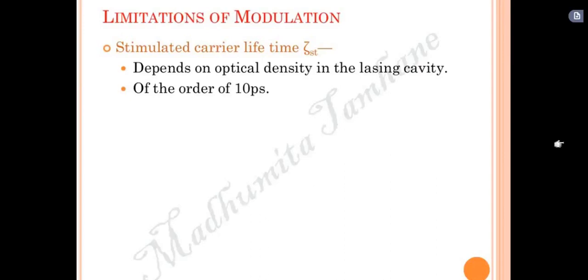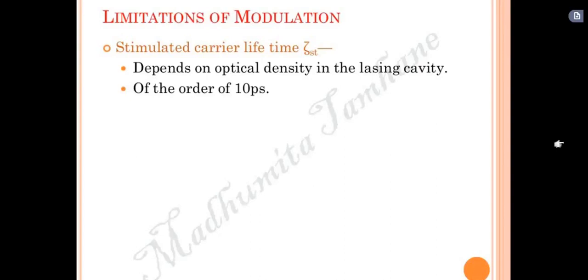Density is mass by volume, right? What is the mass here? It is the laser cavity we are considering. So it depends upon the optical density in the laser cavity, and it is always on the order of 10 picoseconds. Clear? 10 picoseconds is 10^-12 seconds.